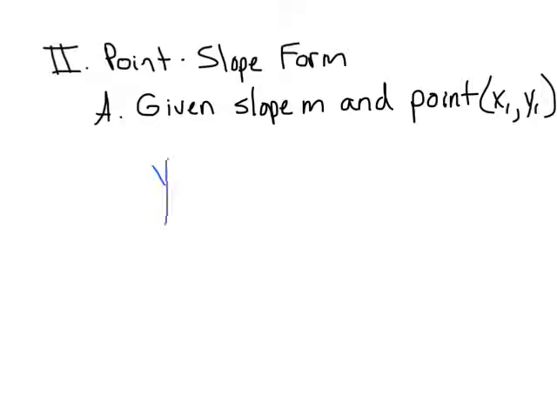It's y minus y1 equals the slope m times x minus x1. So y and x are your variables, and you'll have a number for the y1, x1, and the slope. But you don't have to do anything else with it. That's the beauty of this form, is you leave it just like that. So it takes one step to write this line equation.